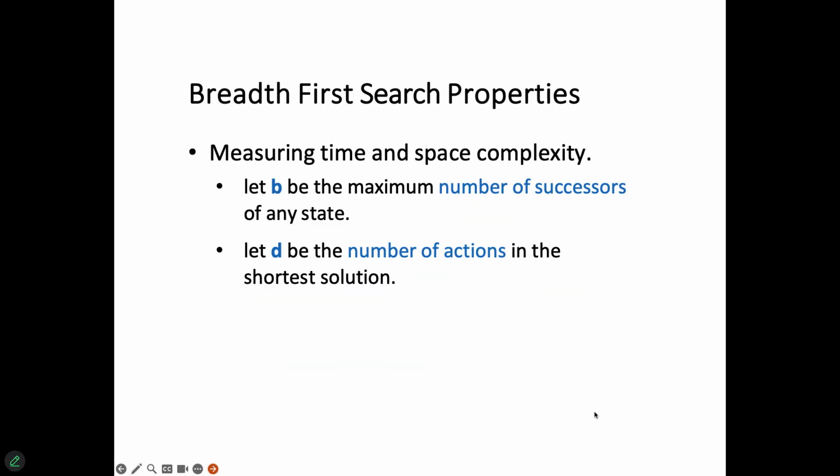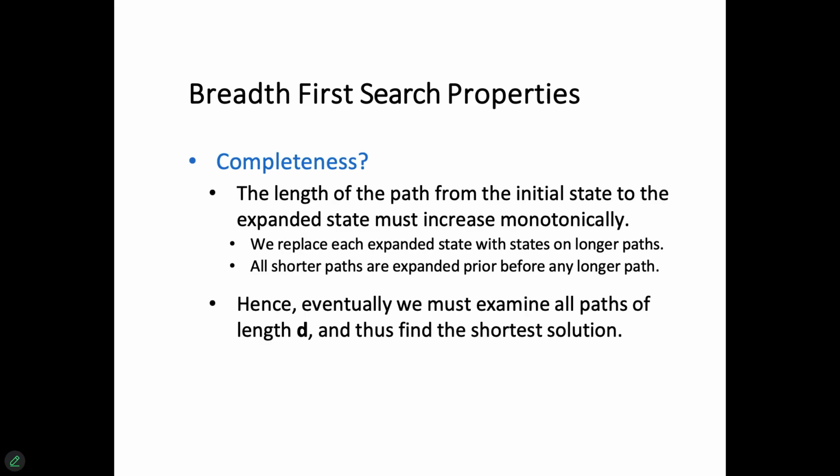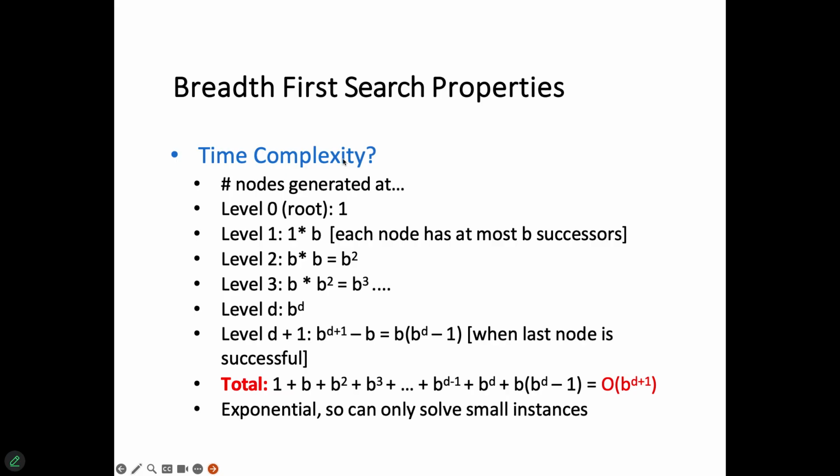We also talked about its complexity in terms of time and also space complexity. So for instance, in terms of time, we said that we look at the number of nodes that are generated at each level. For example, at level 0, we only have one node, right? Then we want to compute the complexity, so we want to see the worst case scenario.